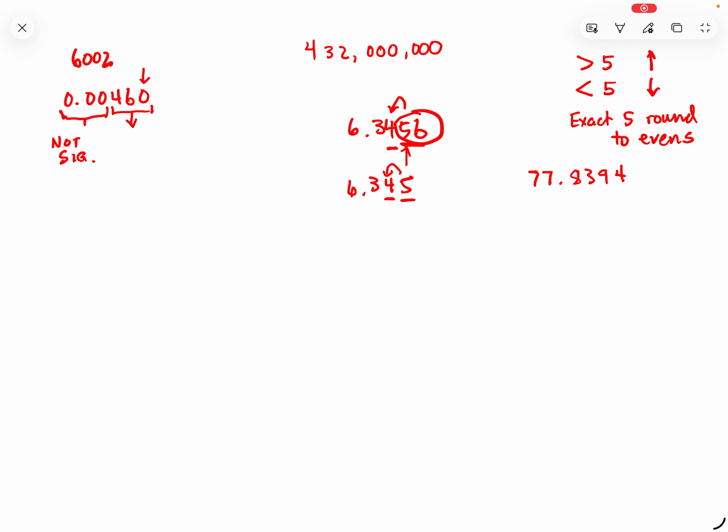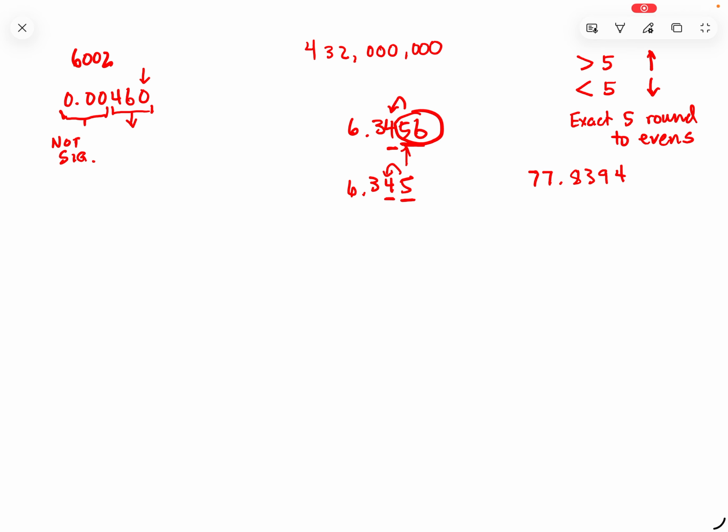So that's an exact number. Or if you have pencils or pennies or whatever, that would not go towards your significant figure count. Only measured values count towards significant figures. Okay, so defined conversion factors that you might be using, 1,000 milligrams equals 1 gram, does not count in your significant figures, only the measured value.